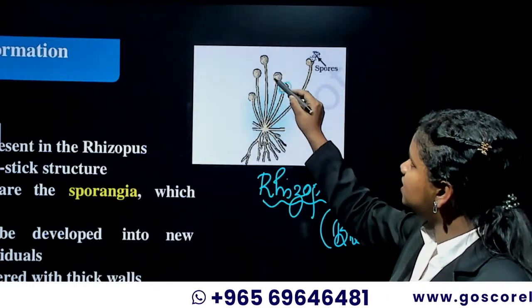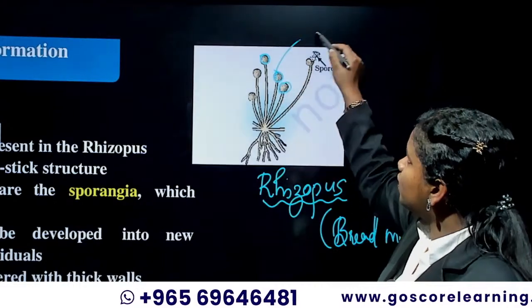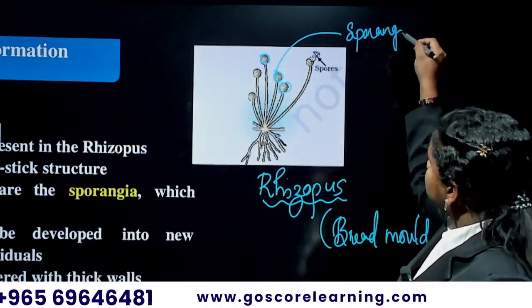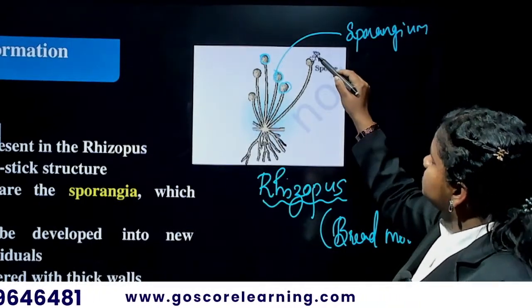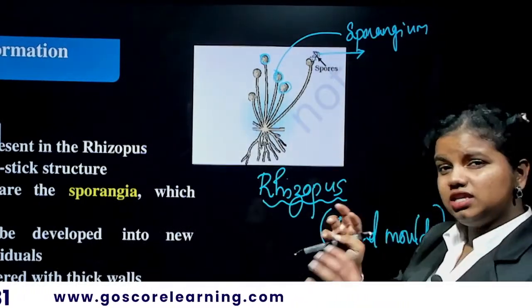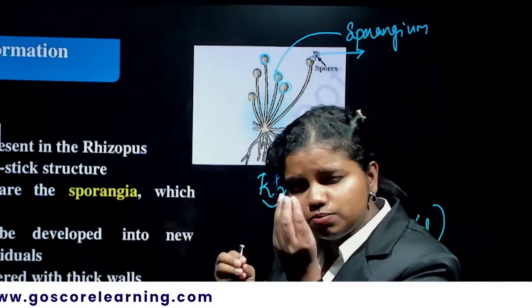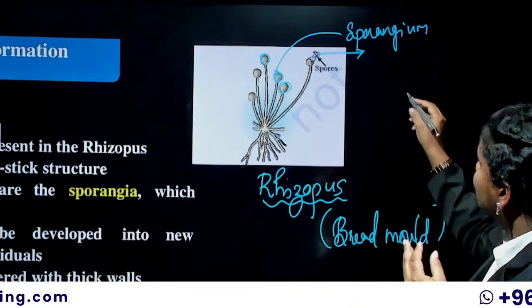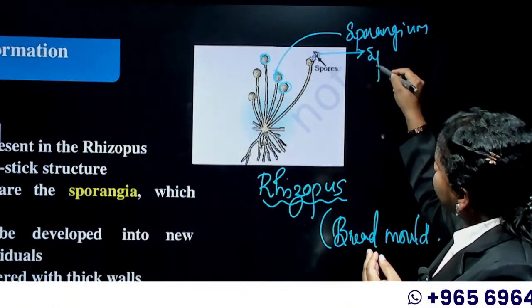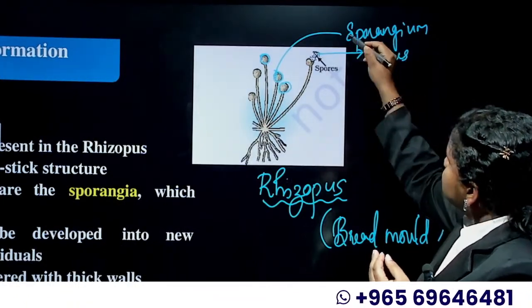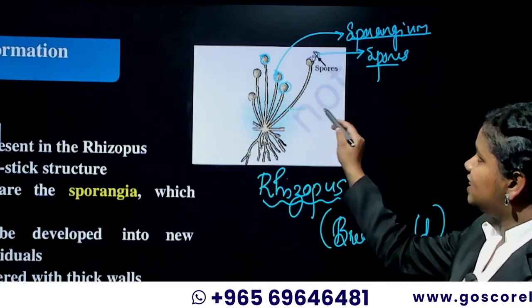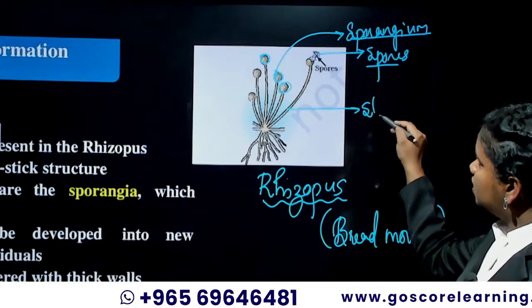These bulb-like structures are called the sporangium. And inside the sporangium, as you can see in the figure, there are thousands of small, minute seed-like structures. They are microscopic, and they are called the spores. So there is the sporangium inside which spores can be seen, and then there is this long stalk, right?